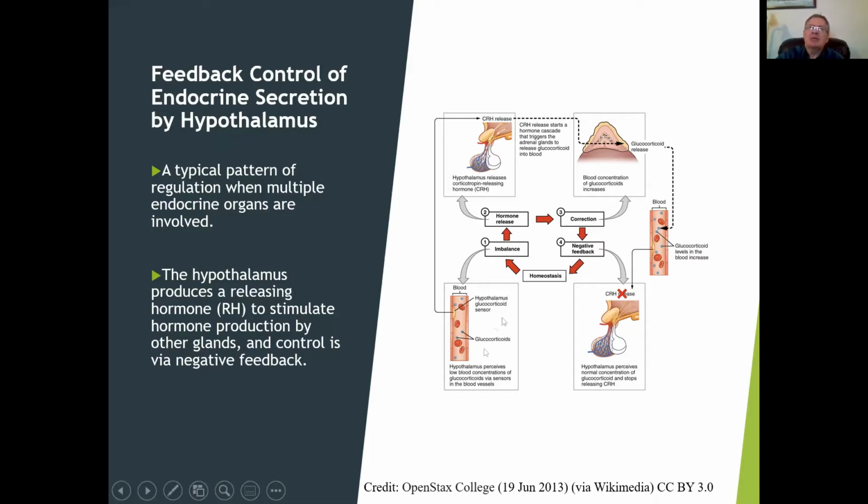But once it gets to a low level again, it has sensors, nerve receptors in the blood vessel, that detect a low concentration, and then it ups the production again. So you have this negative feedback loop of regulating hormone production, which is great engineering, particularly as it must control multiple hormones simultaneously.